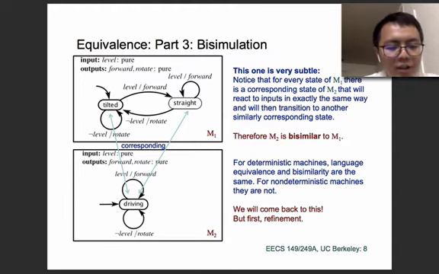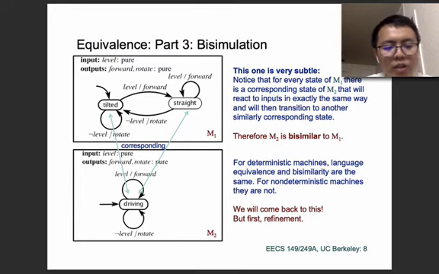To be more precise, if you get the input, you will react the same way and transition to a state that is in a similar correspondence.